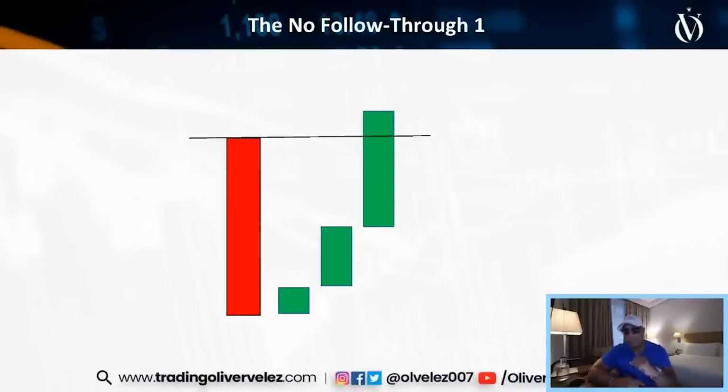That is a major bottom. The odds of the low of that red bar being revisited or even broken is extraordinarily low. You have found a major bottom in your stock, in your option, in your bond, in your market, in your index, in your futures contract, in your cryptocurrency. Doesn't matter. Powerful, no follow through event.